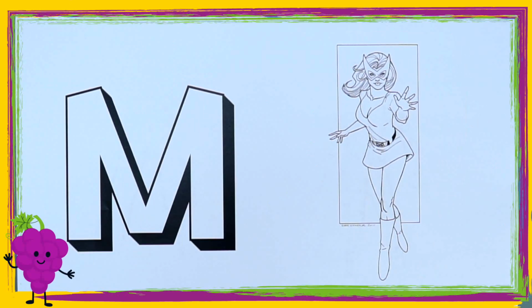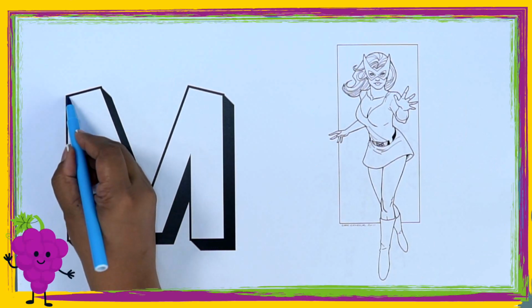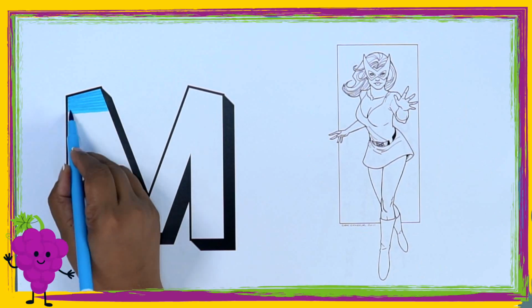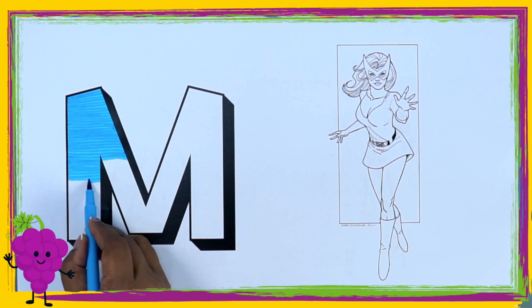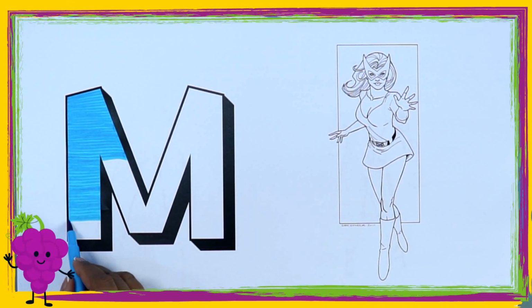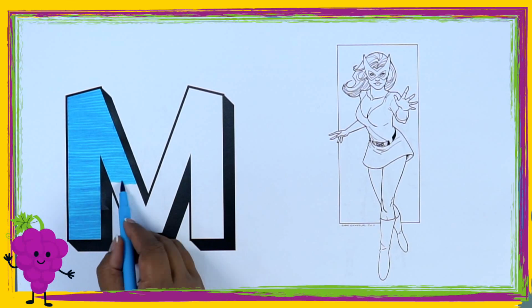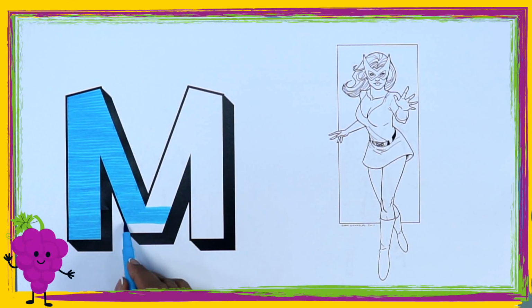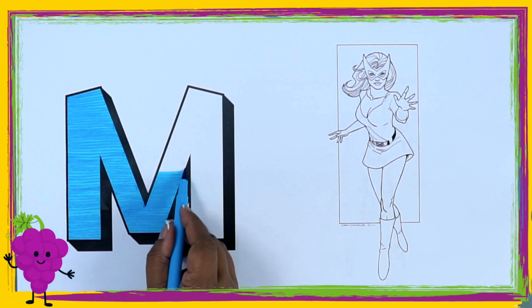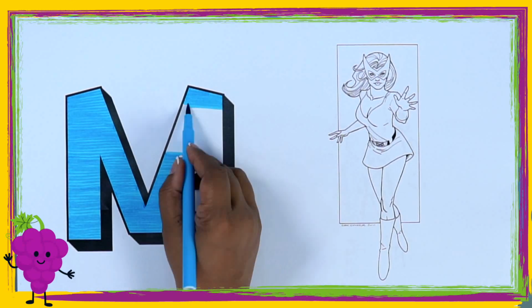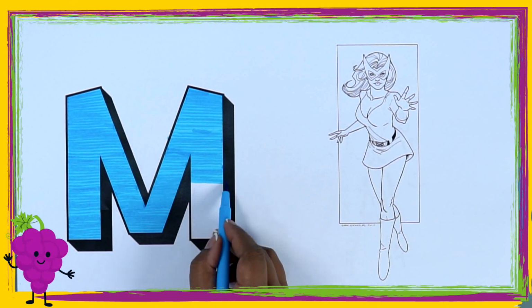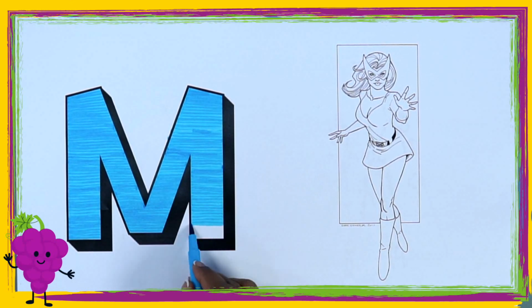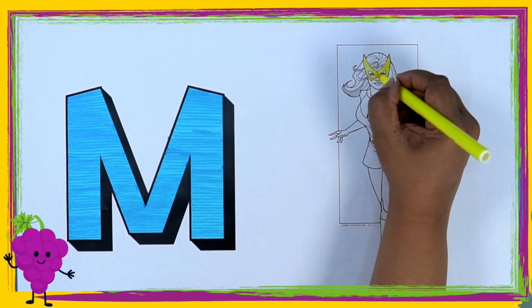Let's color the alphabet M and learn what mutant comes from it. M. Let's color the mutant.